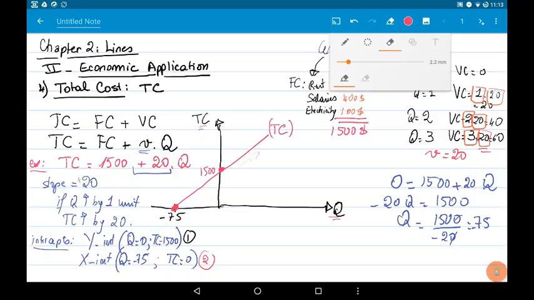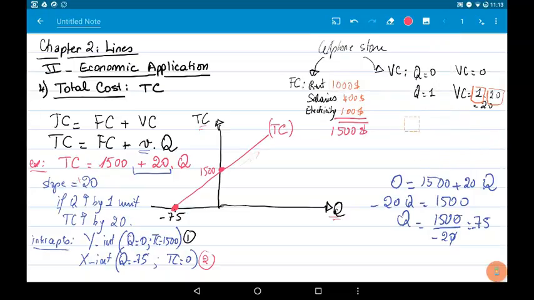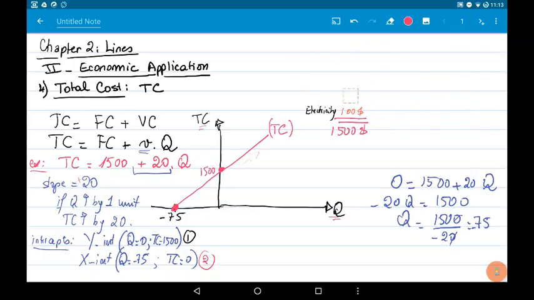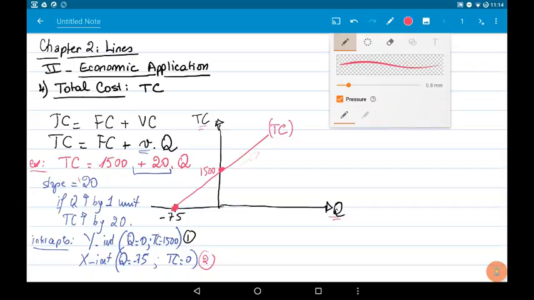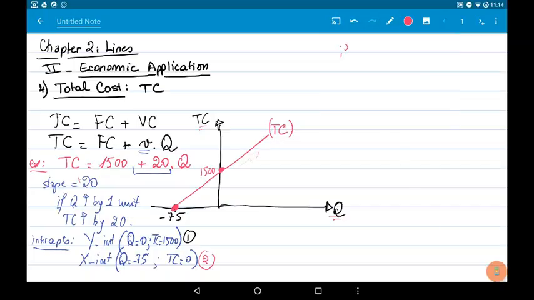Okay, if we have a quantity equals 100, let's calculate total cost. If Q equals 100, calculate total cost.